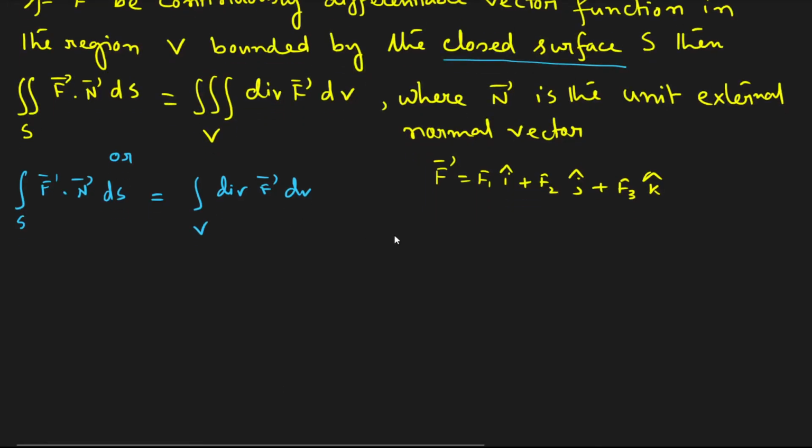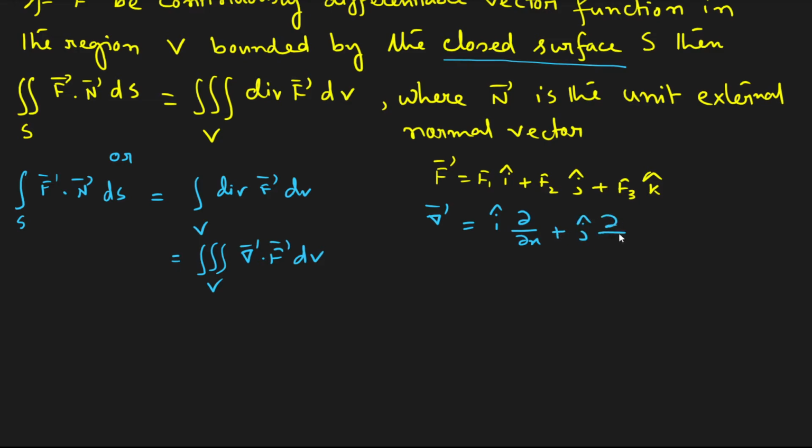Now how do we find the divergence of F bar? We all know what divergence is. It means triple integration over V of nabla bar dot F bar dV. Nabla bar is the vector differential operator, which is i cap del/del x plus j cap del/del y plus k cap del/del z.